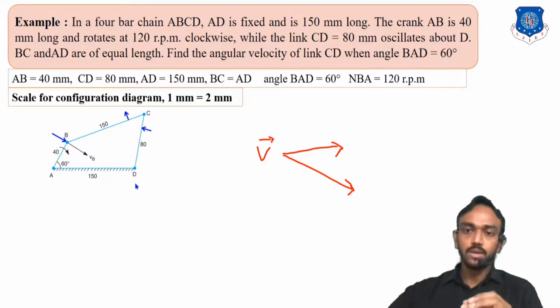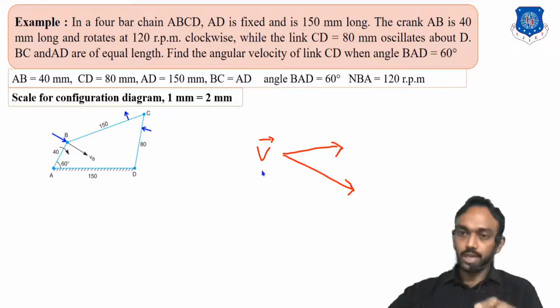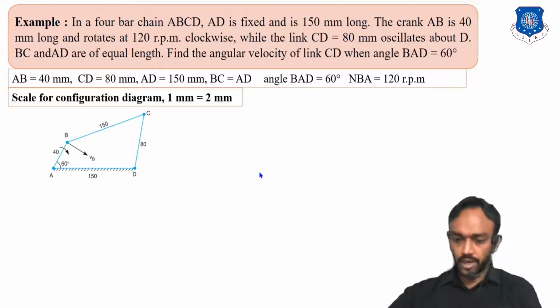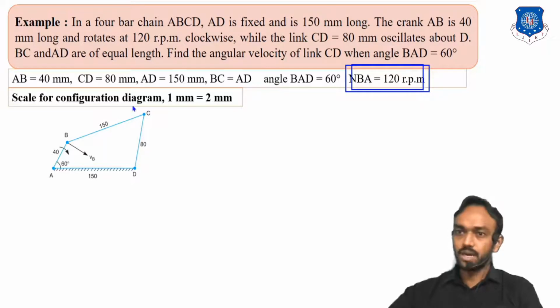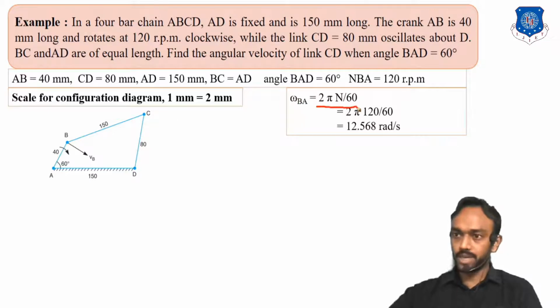You don't know the magnitude, so you can start the diagram because there is always a given magnitude for any one element. So you can always find the magnitude of any one link. In our case, the RPM of this AB link is given, and using that RPM you can find the angular velocity, which is 2 pi N by 60.